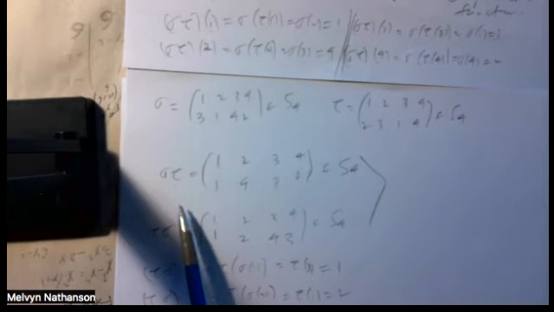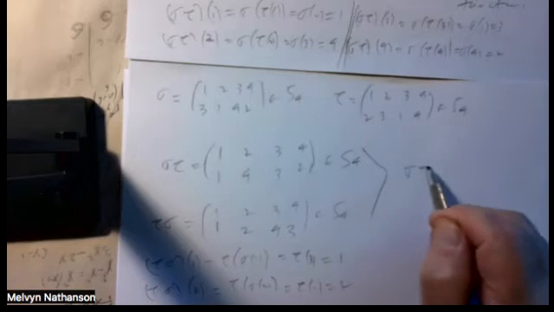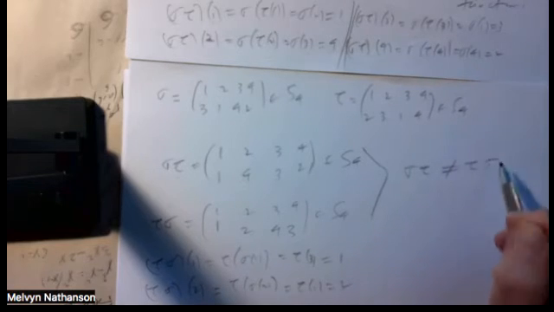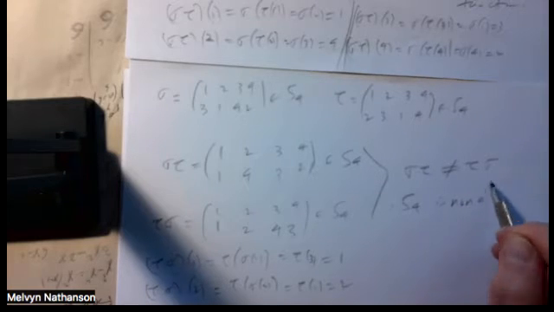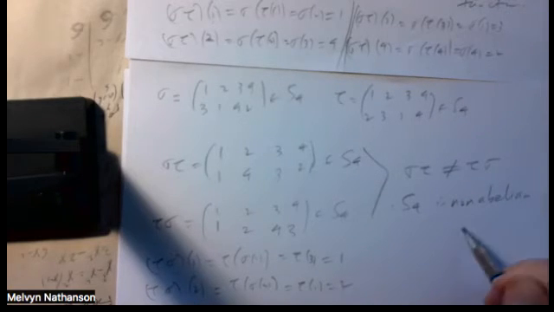So if I compare these two, sigma tau is the permutation 1, 4, 3, 2. Tau sigma is the permutation 1, 2, 4, 3. These are different. Sigma tau is not the same as tau sigma. So S4 is not abelian. It is a non-abelian group.